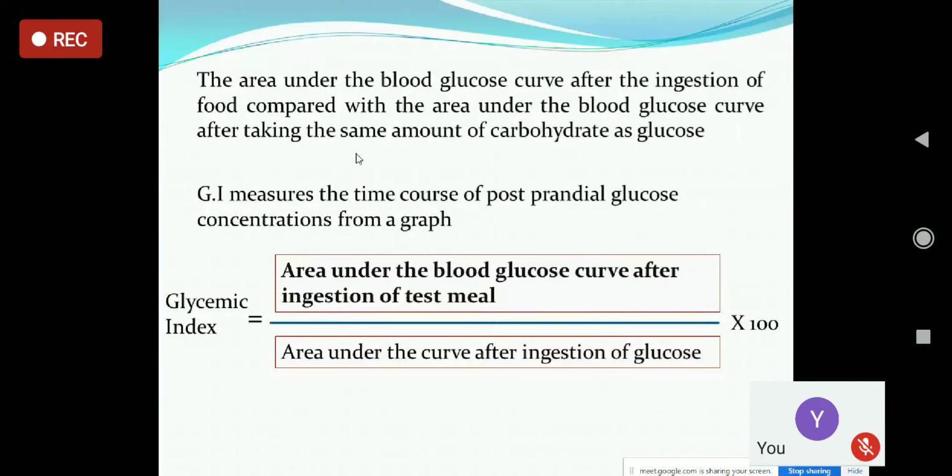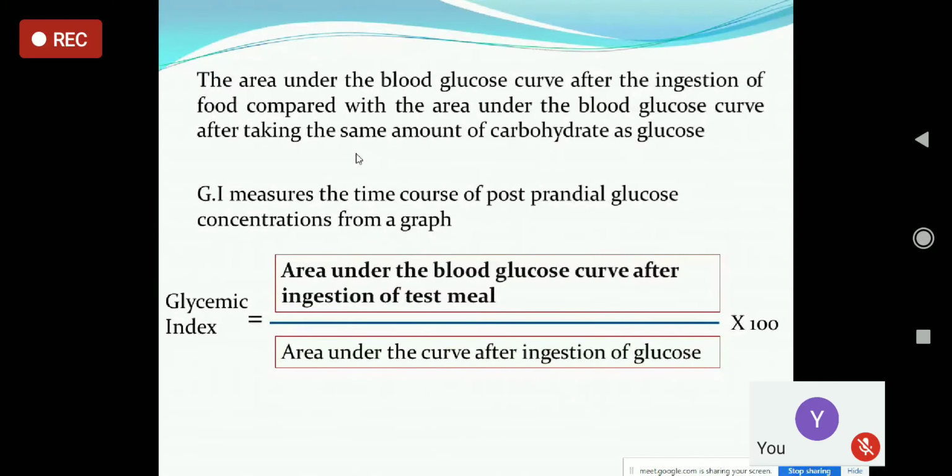So what is glycemic index? It is the area under the blood glucose curve after the ingestion of food compared with the area under the blood glucose curve after taking the same amount of carbohydrate as glucose. So this is the definition of glycemic index. Glycemic index measures the time course of postprandial glucose concentrations from a graph.